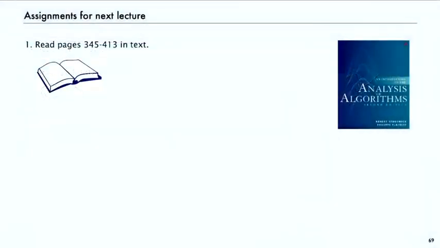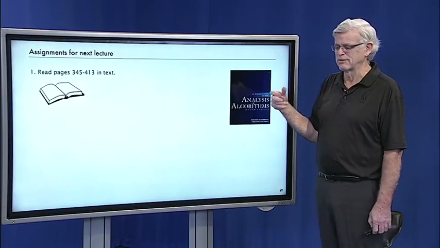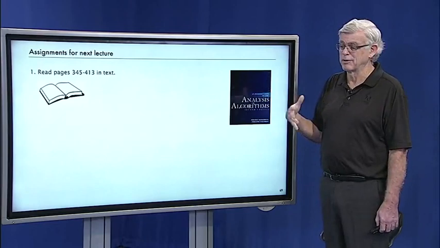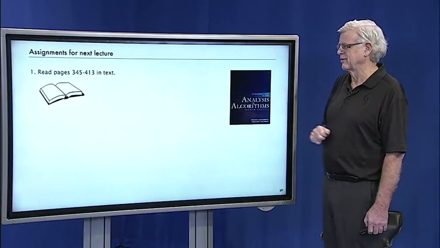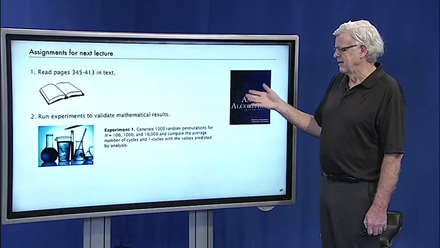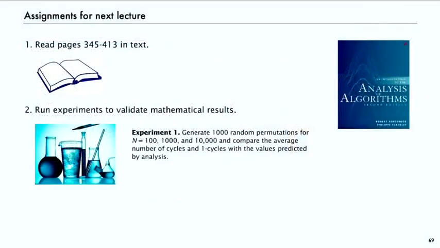For next lecture, read chapter 7 in the text. Again, it's kind of encyclopedic, so you might find yourself skipping through analysis of certain parameters, but some of them have interesting applications. I think it's always a good idea to run some experiments to validate the mathematical results that we've developed.